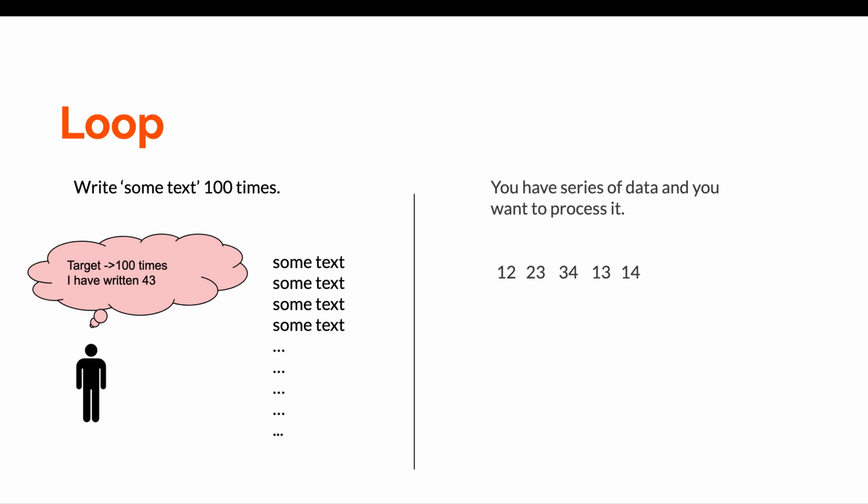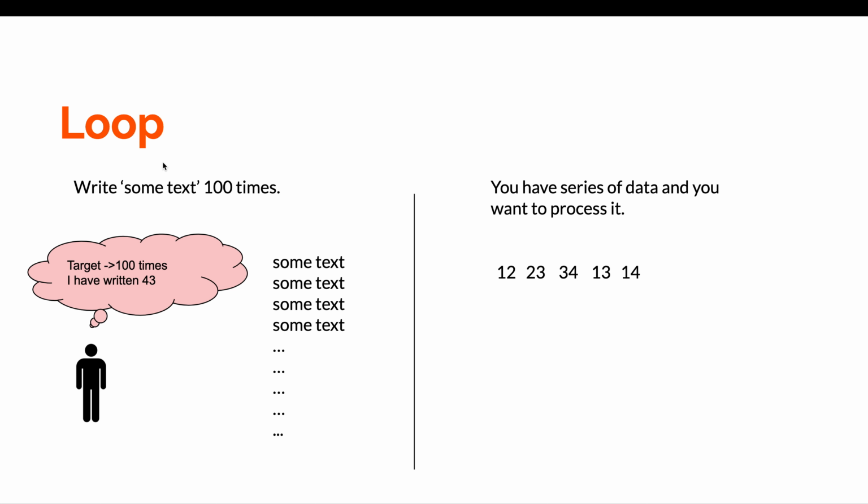Another example we can have is, let's say we have a series of data, and we want to process every item from this data in some particular manner. So how can we iterate over this data? Here we can again use loop.